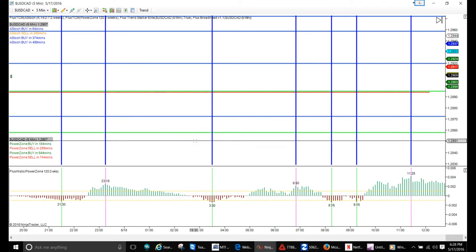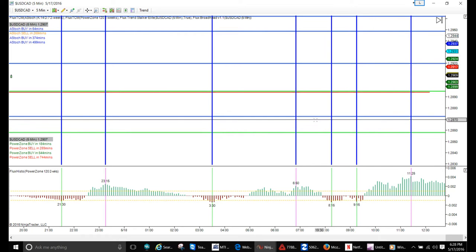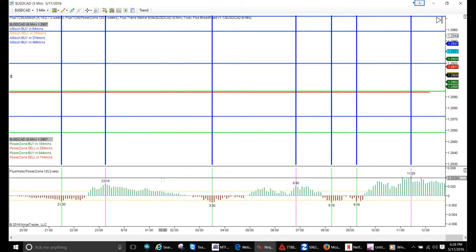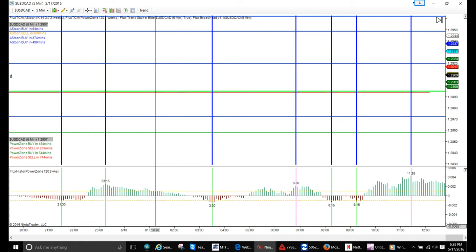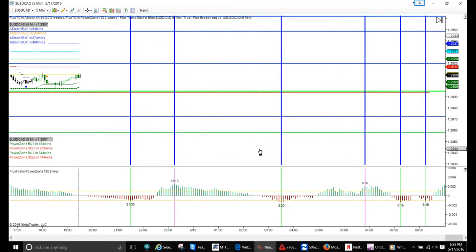So this is all in the future. There are no candles here. Like any other indicator, your indicators and stuff stop right here, so you don't actually know what is going to possibly happen in the future here.